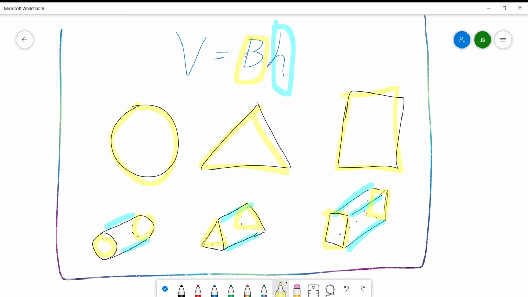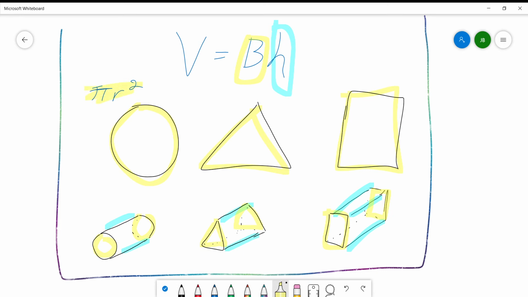But how do we calculate this B? The B is the part that changes. So for our circle, the area of the circle is pi times the radius squared. Pi times the radius squared gives us the B for the circle. Let me highlight that in yellow.